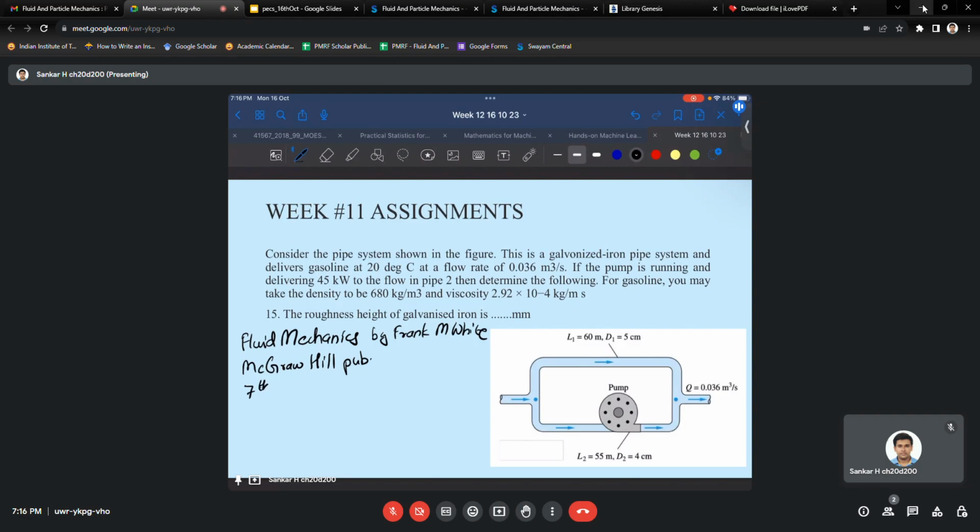In the 7th edition, on page 381, you will be able to see the roughness height of galvanized iron, which is 0.15 mm.